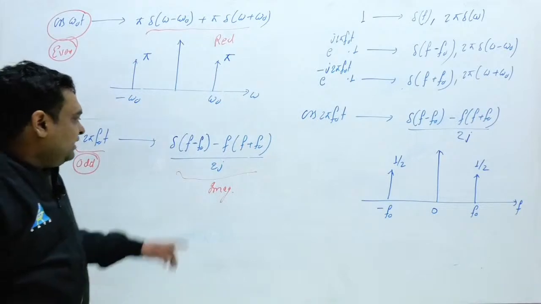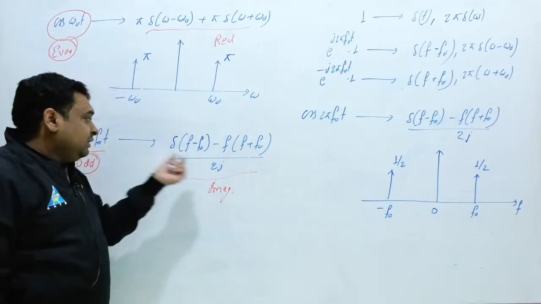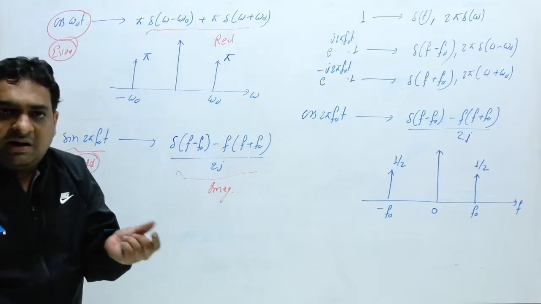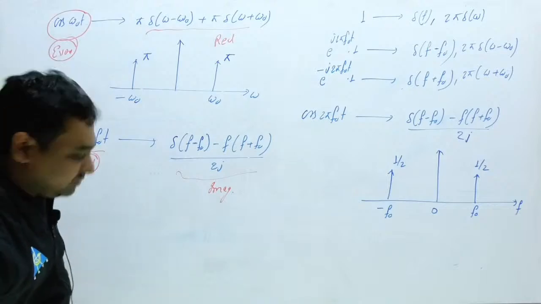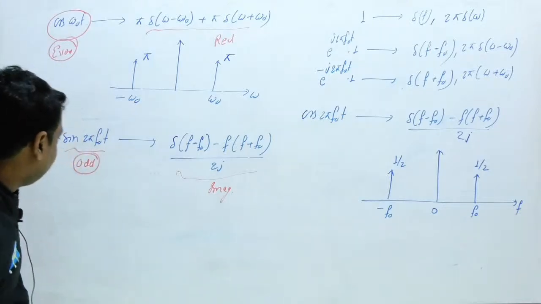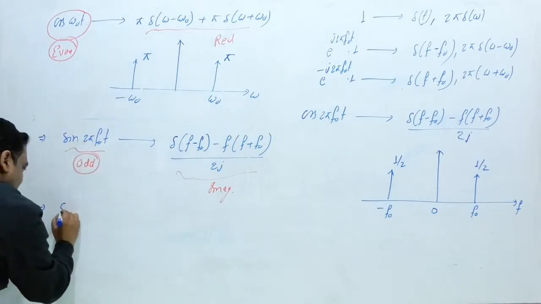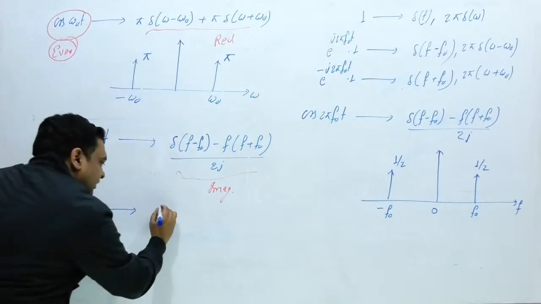So if you want to find out the magnitude spectrum of this, you have to find out the real part and imaginary part. Real part is 0. Then you can find out the magnitude spectrum. One more thing I want to tell you here. What will be the Fourier transform of sine omega 0 t? What will you get? Can I write?